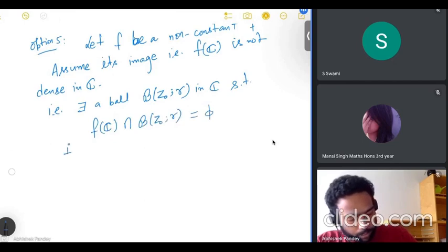So that is, mod of f of z minus z naught is greater than or equal to r for every z belongs to C.